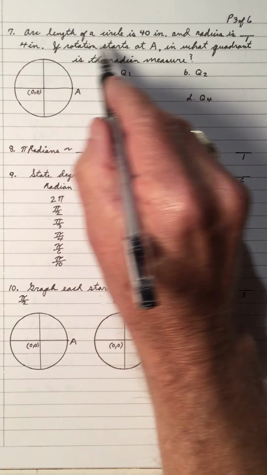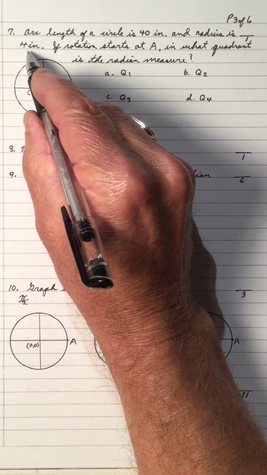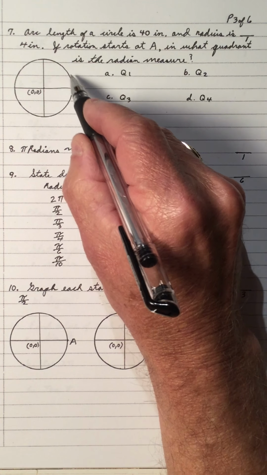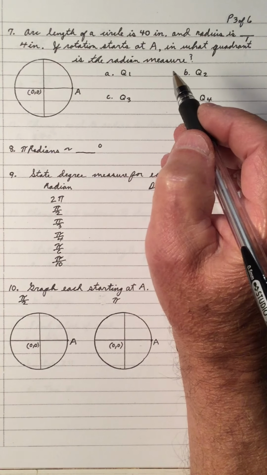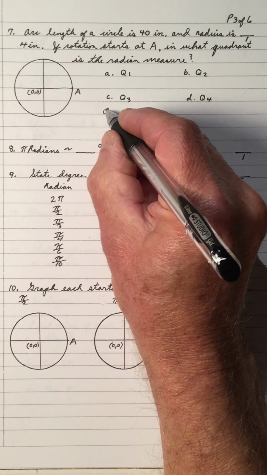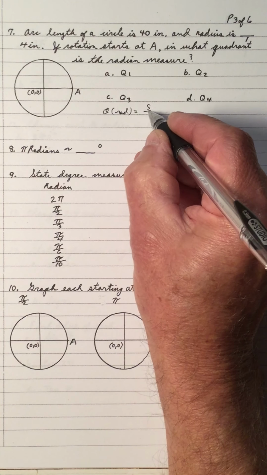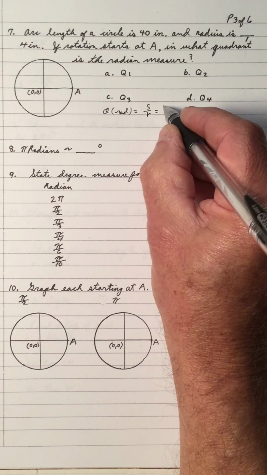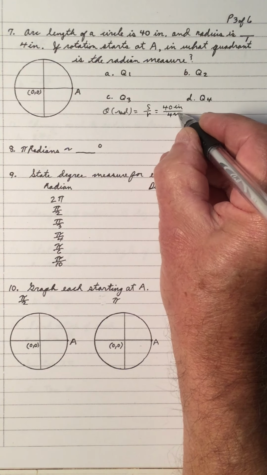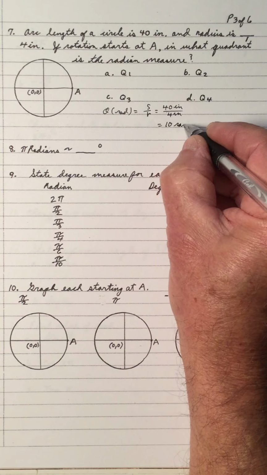Number 7, the arc length of a circle is 40 inches. The radius is 4 inches. If the rotation starts at A, in what quadrant is the radian measure? So theta in terms of a radian is S over R, and that's 40 inches over 4 inches, and that's 10 radians.